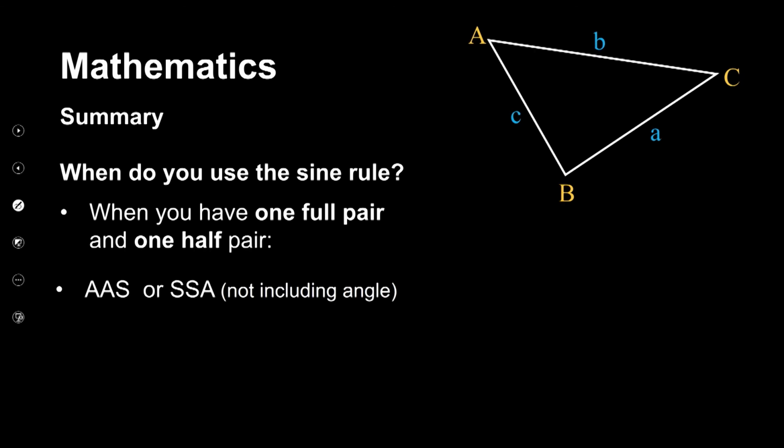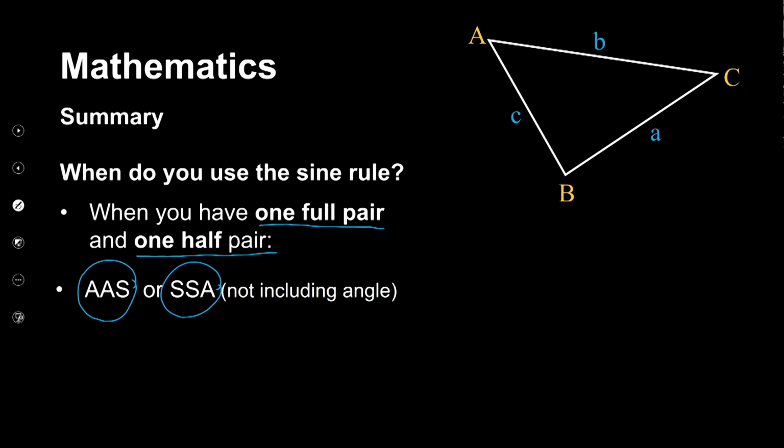Again, let's revise when we use the sine rule. We said you're going to use the sine rule when you're given one full pair of angles and sides and one half pair. Another way of stating that is we use the sine rule when we're given two angles and a side, or when we're given two sides and an angle.